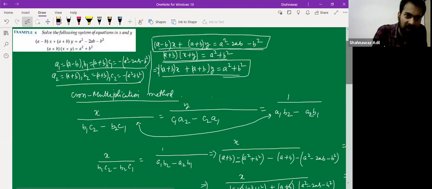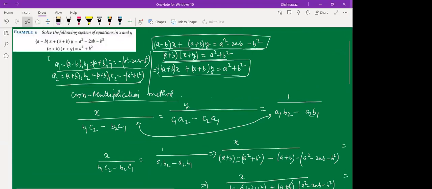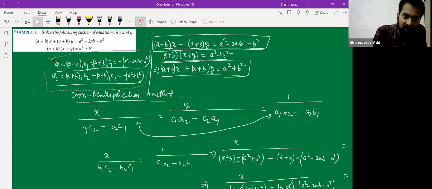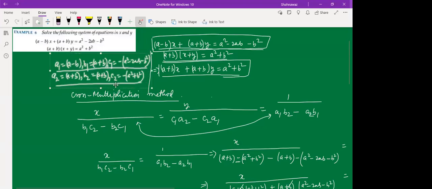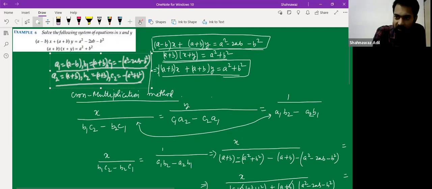These were the values, right? A square minus a square. Yes. So let me copy this here.